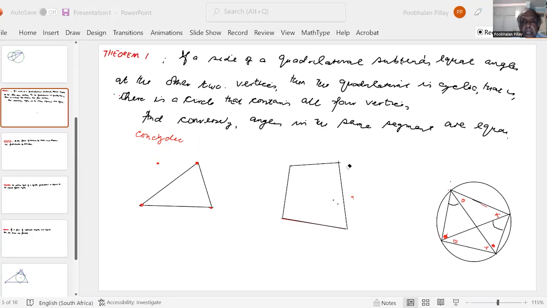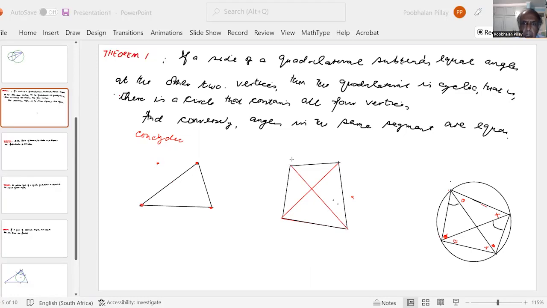Then a very easy test is to see if any side of that quadrilateral subtends equal angles at the other 2 points. If you can conclude that, then you've got a very powerful result, because suppose I see that this side here, for instance, subtends equal angles at the other 2 points.